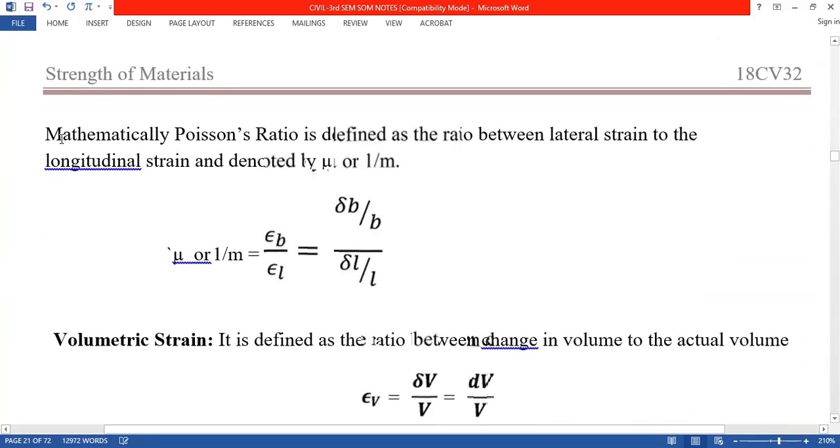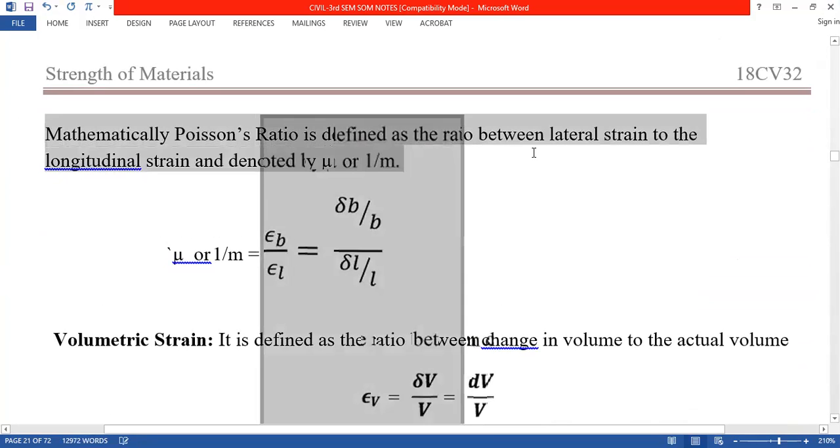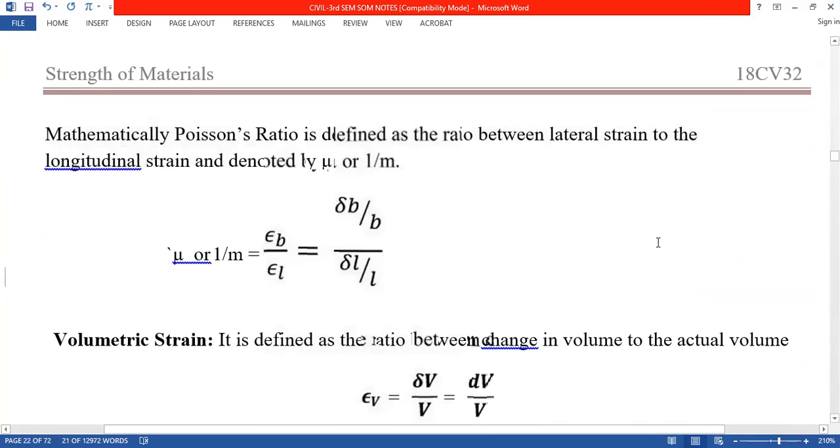Mathematically, Poisson's ratio is defined as the ratio of lateral strain to longitudinal strain. Longitudinal strain is always lengthwise, lateral strain is always widthwise. So lateral strain by longitudinal strain. That's why Poisson's ratio is denoted by mu or 1 over m.